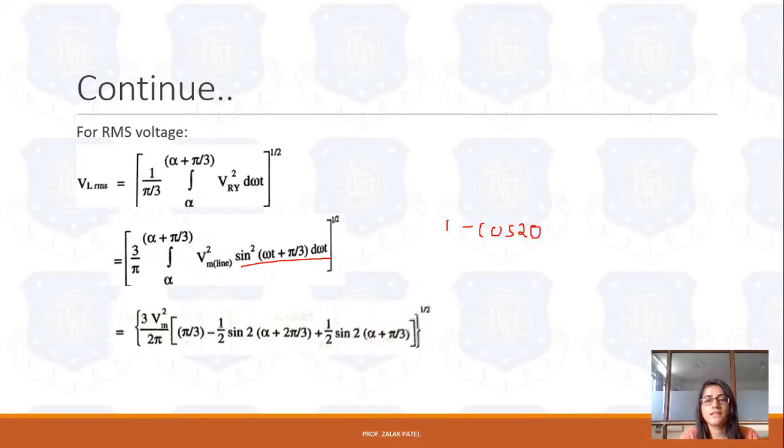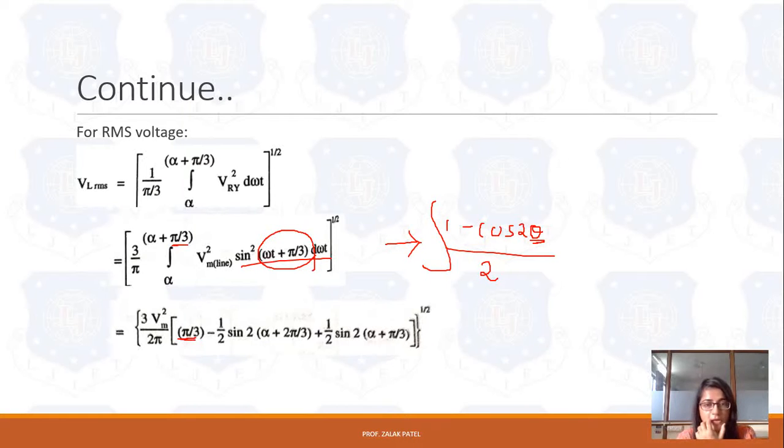Here please consider that theta is nothing but omega t plus pi by 3, all divided by 2. So we have to integrate this term. So 1 upon 2 integration, there is no term of omega t present, so it can be written like this: only alpha plus pi by 3 minus alpha, so alpha and alpha will be cancelled out and only pi by 3 is remaining. So that's why over here pi by 3 is there.